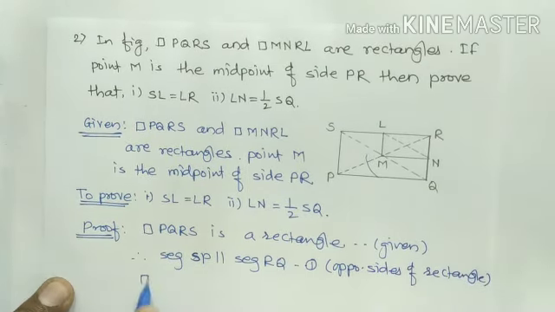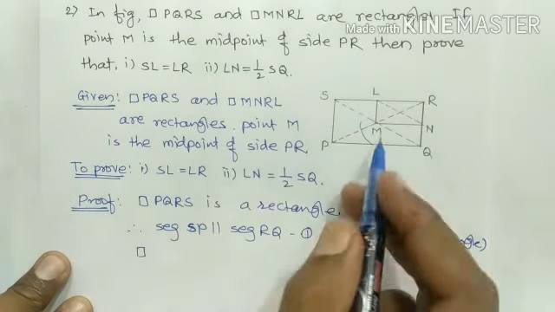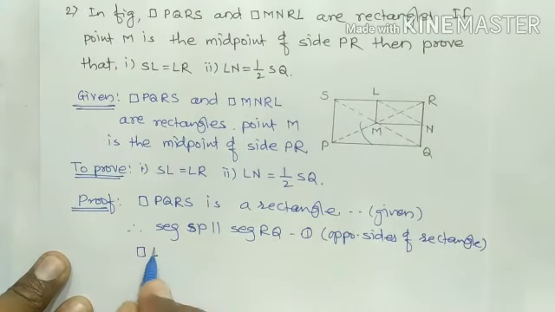Then quadrilateral, the small rectangle LMNR is a rectangle.